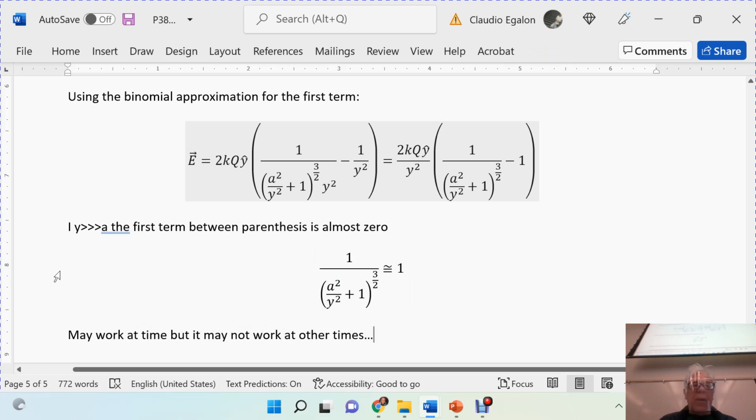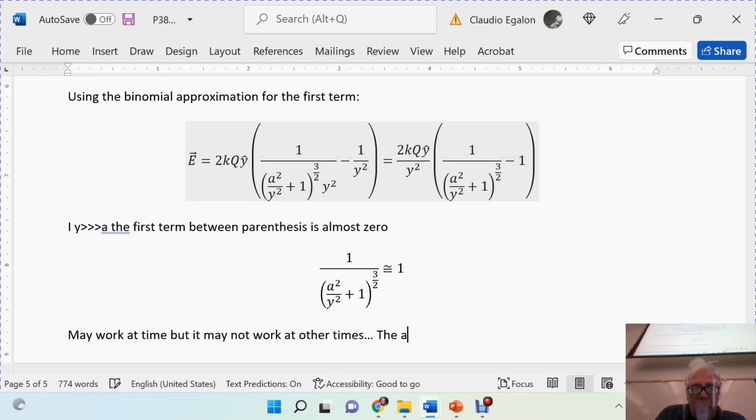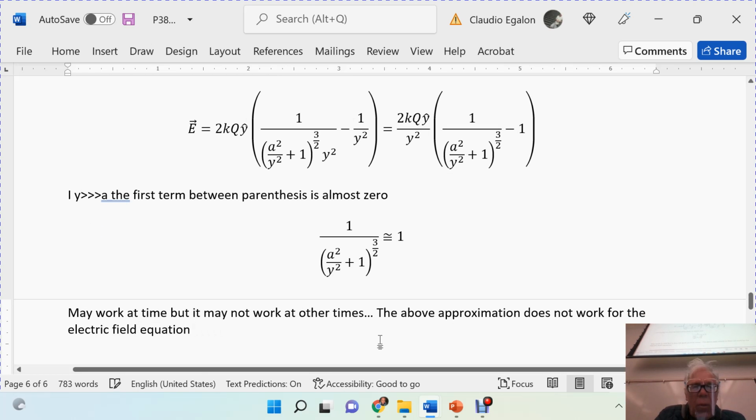For this approximation that you see here, under this equation here, doesn't work. And I'm going to show you why it doesn't work. This approximation, the above approximation, does not work for the electric field equation. Why is that? For the following reason.